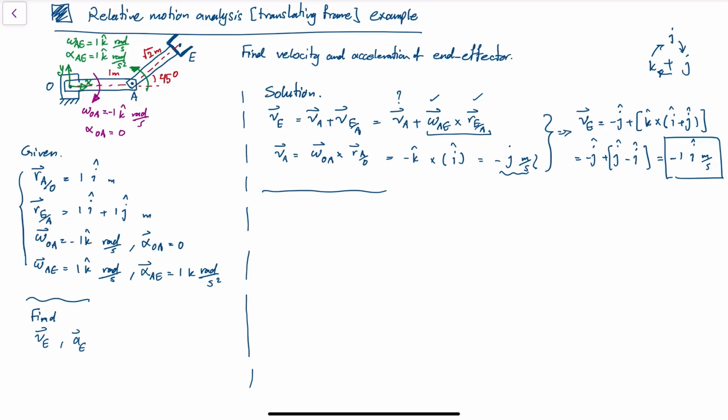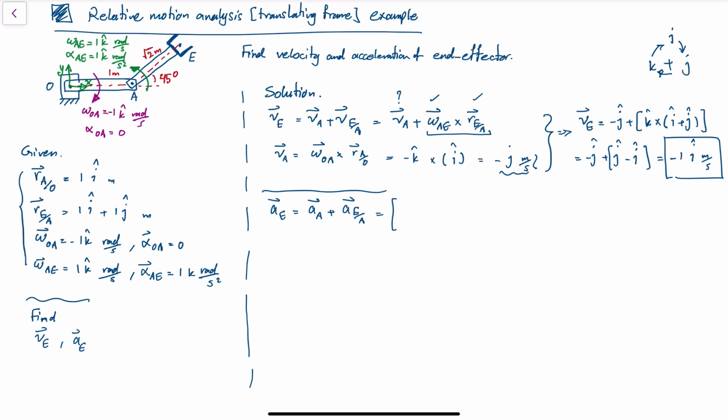The acceleration, I can do exactly the same thing. Acceleration of E is A of A plus A of E relative to A. And I'm just going to write it in one go.